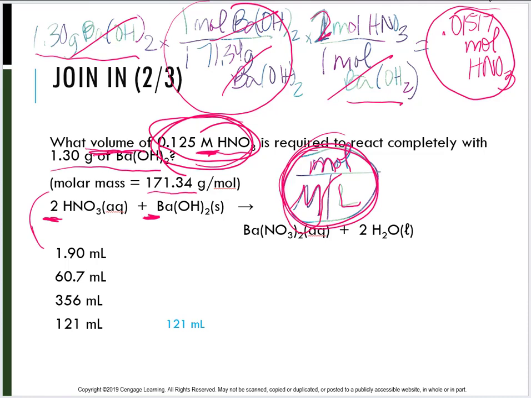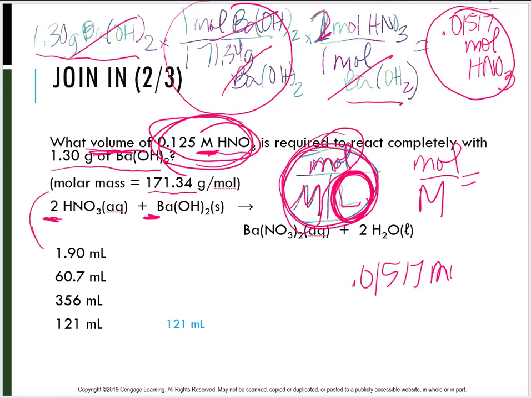I've got moles and I've got molarity. So to find volume is moles divided by molarity. So let's do that. 0.01517 moles divided by 0.125. Remember, that's moles per liter. That's what capital M stands for.